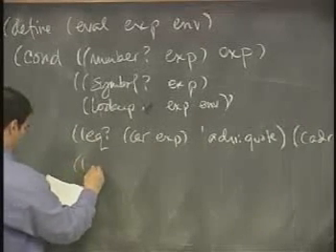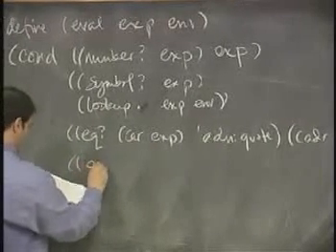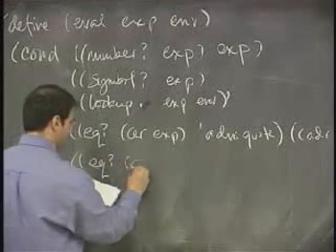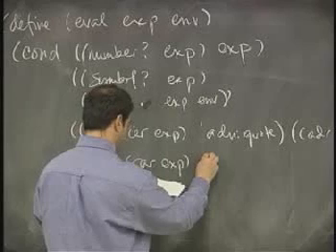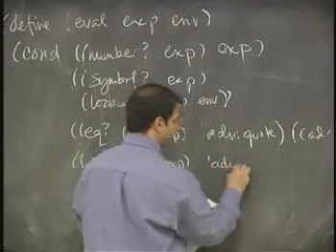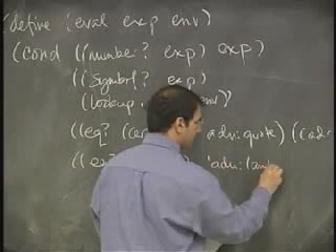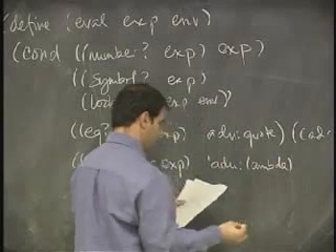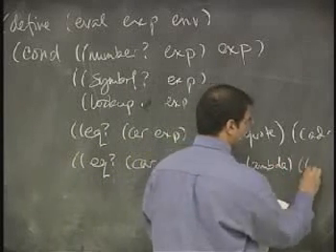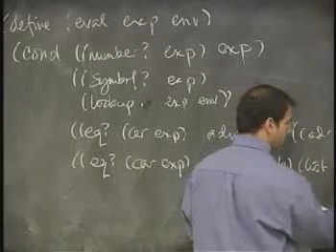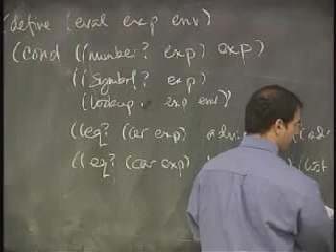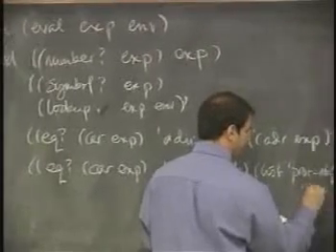Otherwise, EQ question mark car expression and quote ADU lambda. We then create the list of the procedure object, and I'm going to abbreviate that for now.